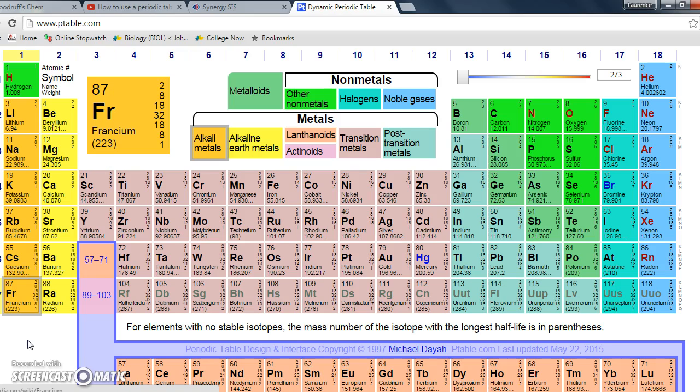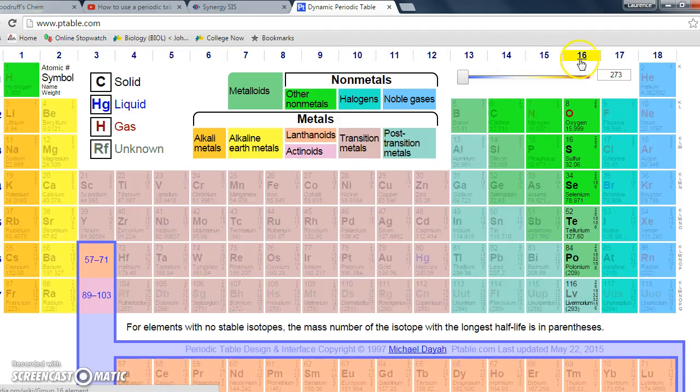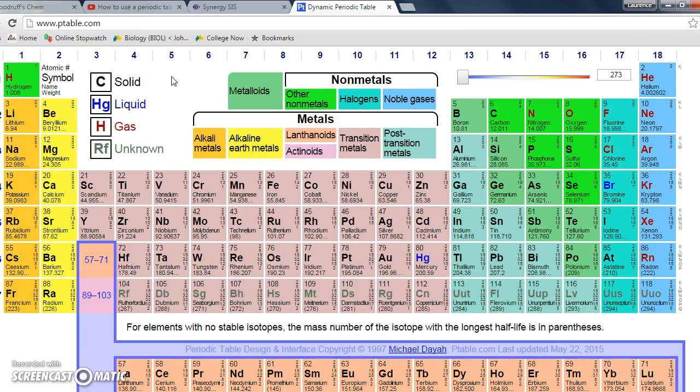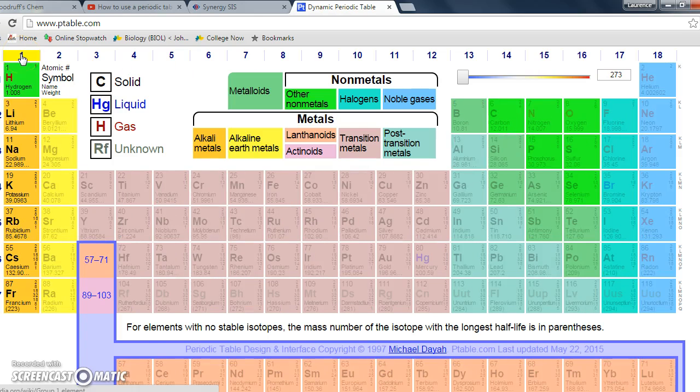Groups are the columns that go up and down. So we have, as you can see across the top, 18 columns on the periodic table, and some of those have information about valence electrons. Every element in this column has one valence electron. Every element in this column has two valence electrons.